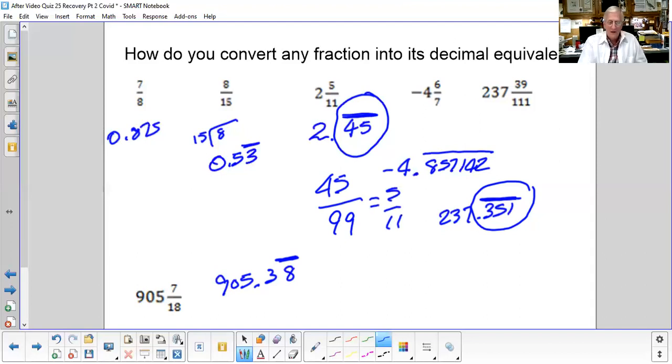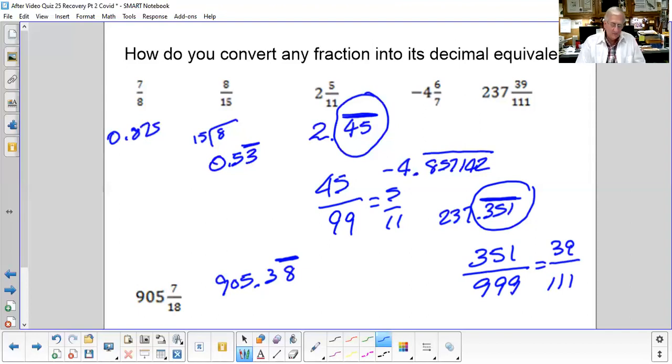Guess what? For the 237.351, this only works now when the decimal begins to repeat right at the decimal point. You can simply just take 351 and put it over 3 nines. And guess what? If you reduce 351 over 999, it'll reduce to 39 over 111.